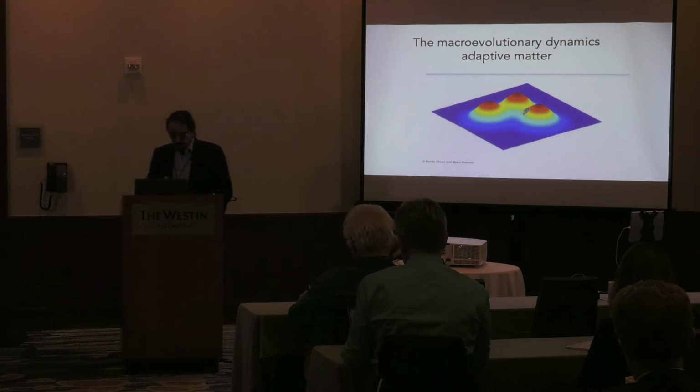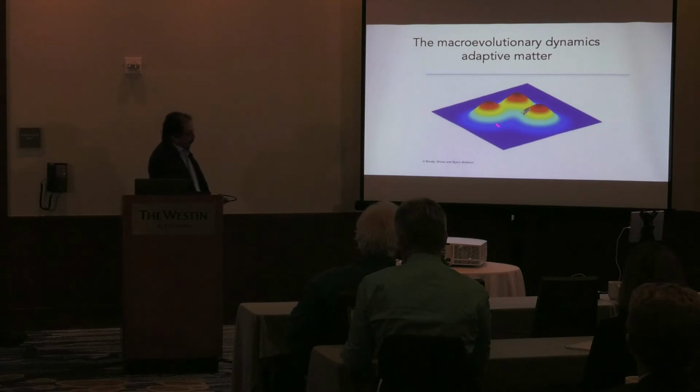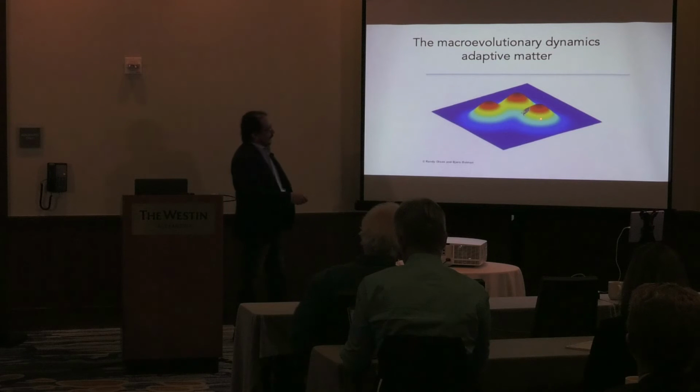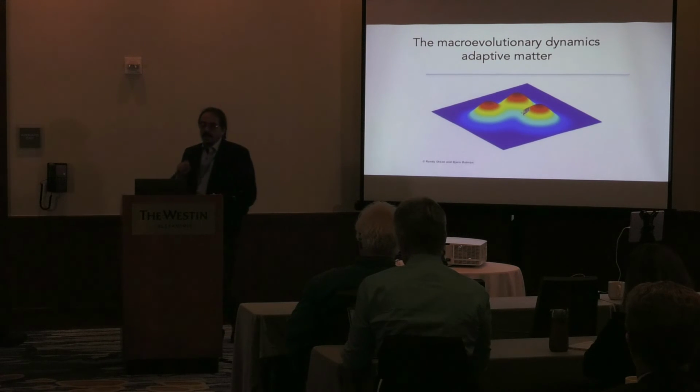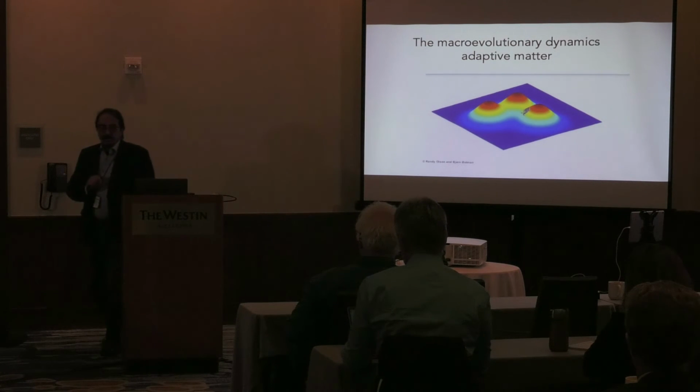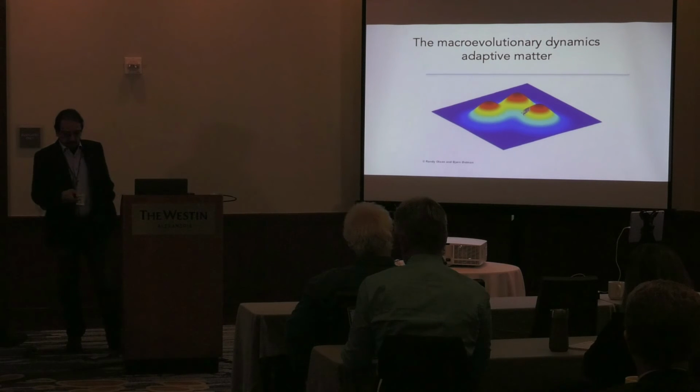If we envision that evolution takes place on this fitness landscape, and you have different fitness peaks in this adaptive landscape, we will develop a model for a Brownian exploration of this landscape and how that can account for the fluctuation dynamics that you see in the fossil record.